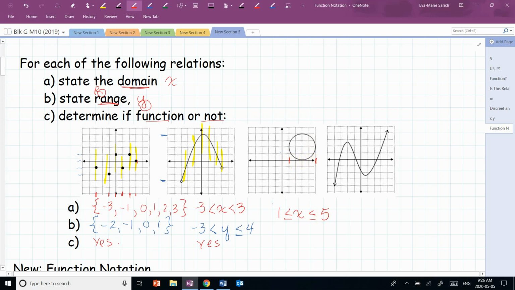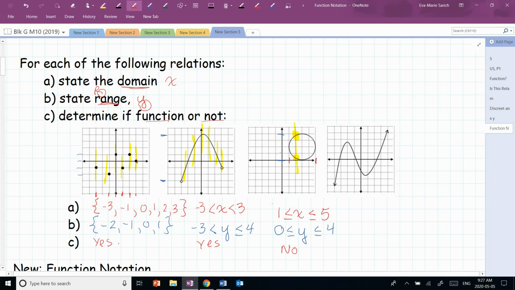Okay, for our y's, there's our highest value, there's our lowest value, so y is going to be greater than or equal to the lowest value, which is 0, and less than or equal to the highest value, which is 4. Is this a function? Well, simply using your vertical line test, you can see it's going to cross that vertical line more than once, so this one is a no.